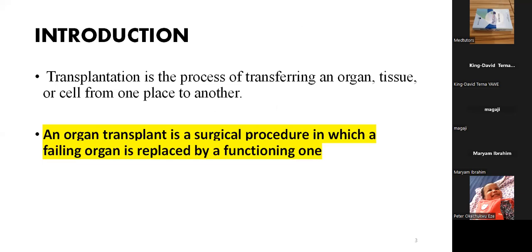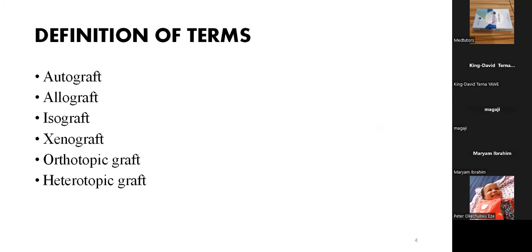So by way of introduction, transplantation is the process of transferring an organ, tissue, or cell from one place to another, while an organ transplant is a surgical procedure in which a failing organ is replaced by a functioning one. So definition of terms.